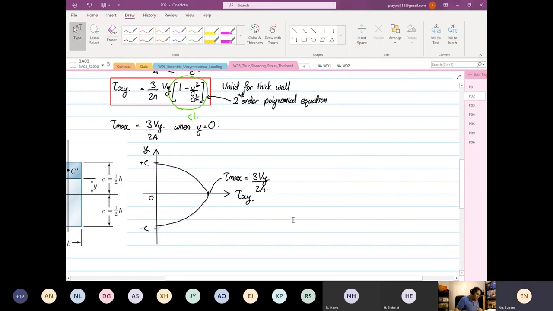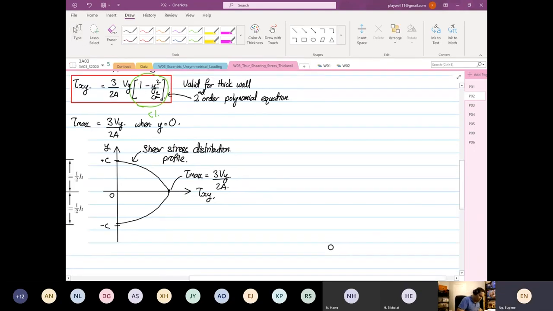So this is the shear stress distribution profile. Okay, this is our shear stress distribution profile.